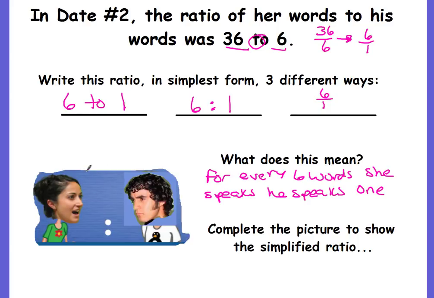So what would it look like in the picture? She would be talk, talk, talk, talk, talk, talk, and he would be talk. So for every 6 words she spoke, he spoke 1 word.